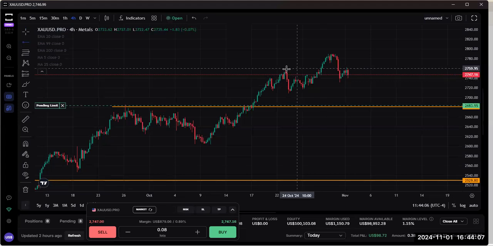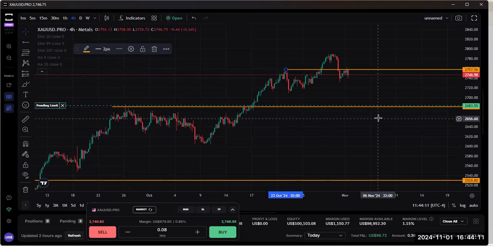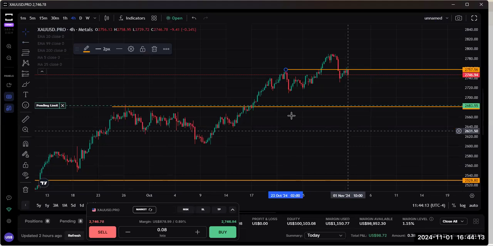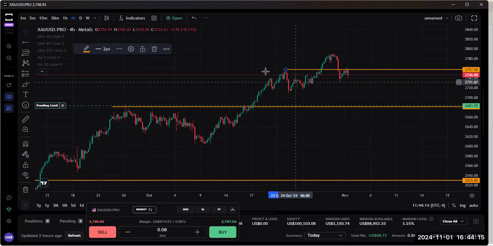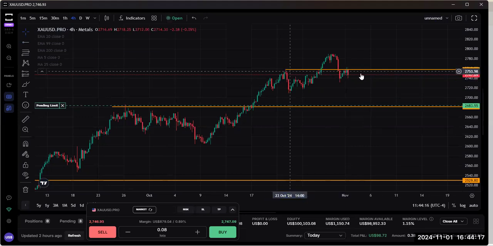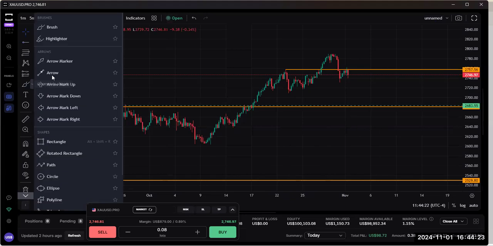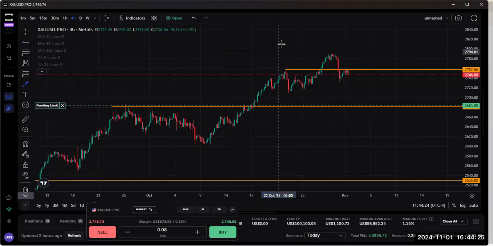So look at this now. This was the trade that I exited. And this is also where chart patterns come in. On this side, let me use my arrow. I hope this is making sense. So this was a previous high.